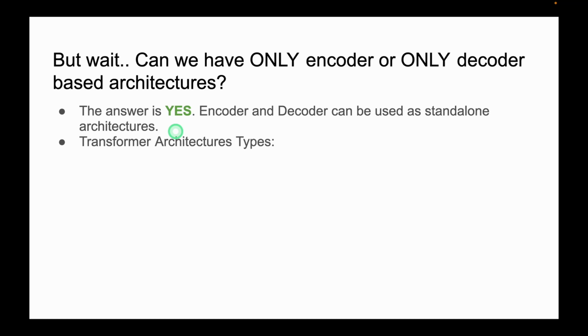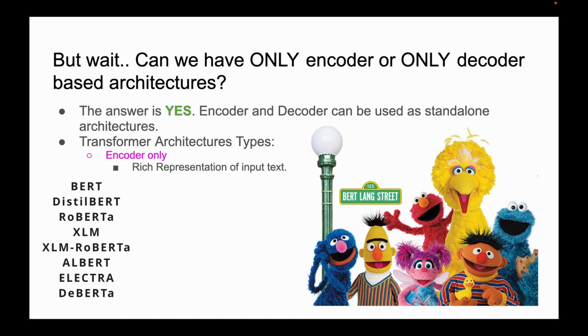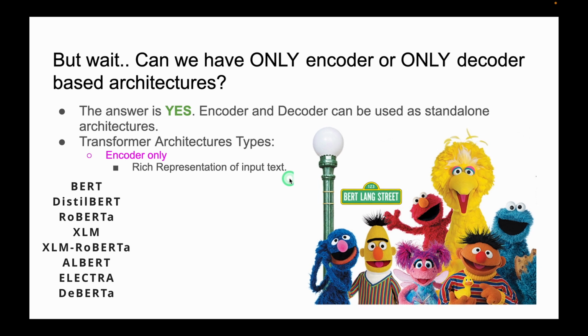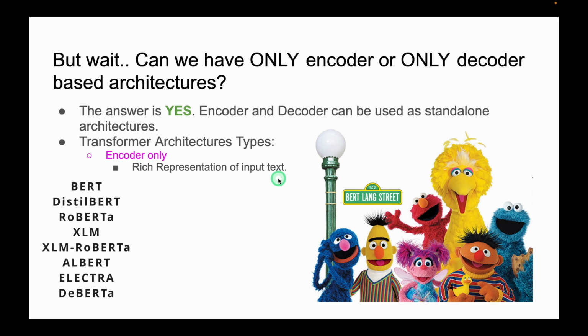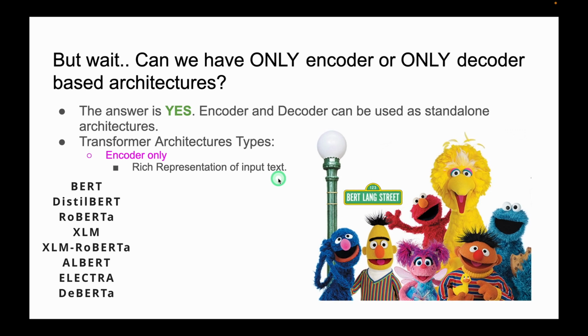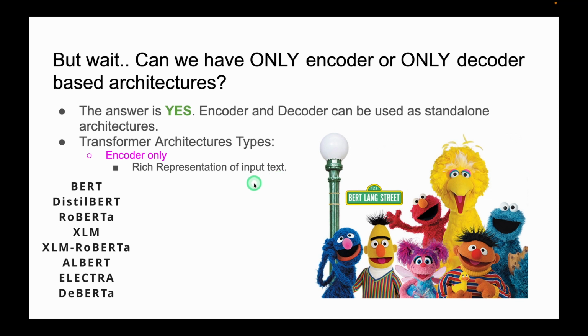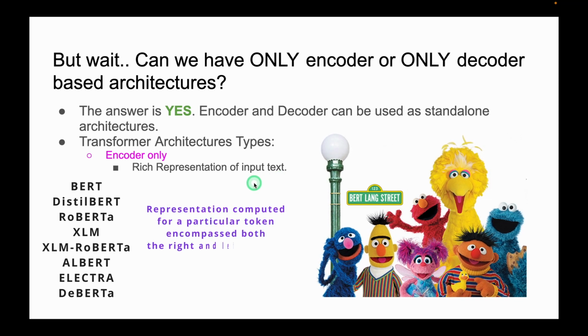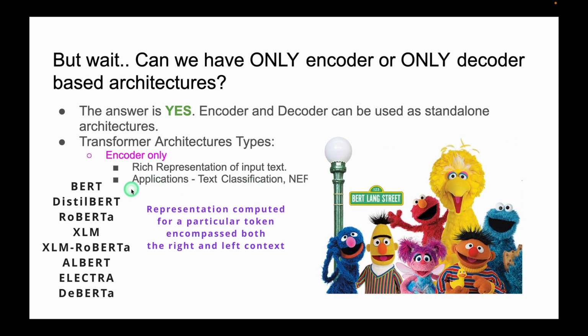Encoder models output a rich representation of the given input text in the form of hidden state or context vector. This type of architecture is more suitable for problems such as text classification, named entity recognition, etc. The representation computed for a particular token in a sentence encompasses both the right as well as the left context.